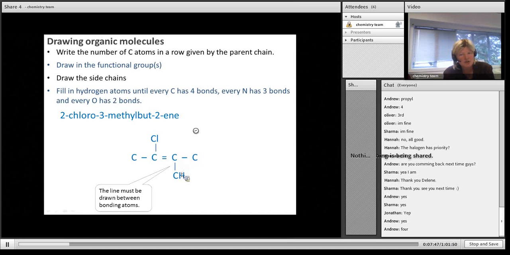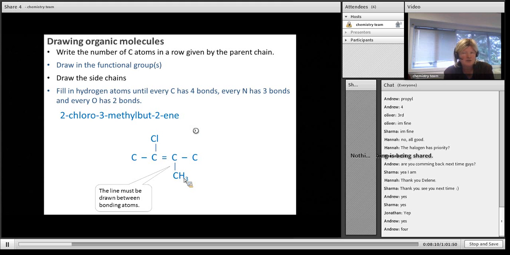Don't draw it between the carbon and the hydrogen, or from the carbon of the parent chain to the hydrogen, because the hydrogen isn't bonded to it. It's the carbon of the methyl that's bonded to the parent chain. So that is important for merit and excellence, because it always comes up in the examiner's report about sloppy drawings. So make sure you do that.